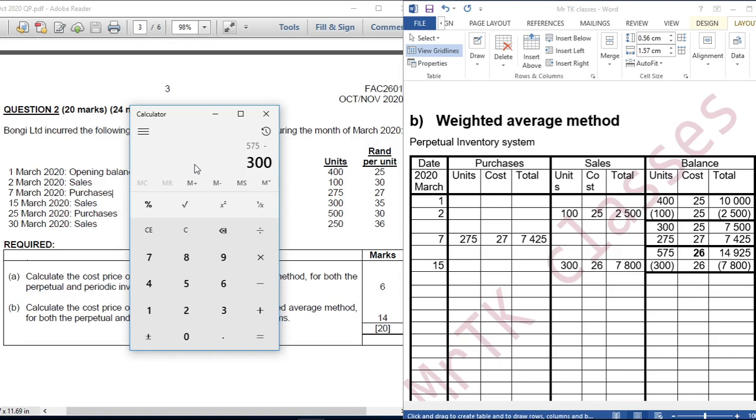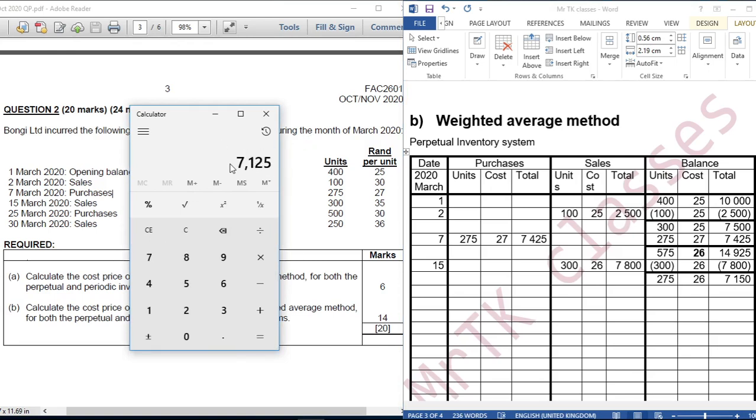What do we get? 275. Our cost price is still the same, so we have two options. We can say 275 multiplied by 26, and get 7,150. Or we can say 14,925 subtract 7,800.